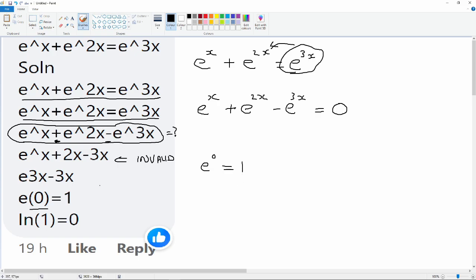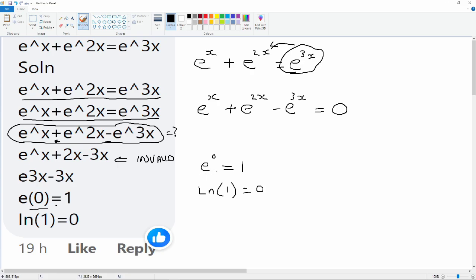And for some reason the equals has just turned up again magically. It disappeared here and here and here, and then it just reappeared. So e to the power 0 equals 1, and the natural log of 1 is indeed equal to 0, because any log of 1 is equal to 0, whatever base it is.